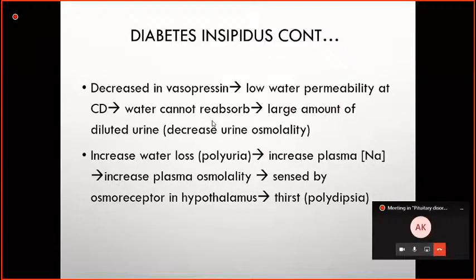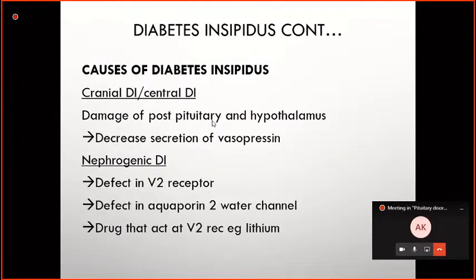But I have extra notes here, cranial versus nephrogenic diabetes insipidus. In nephrogenic, you are talking more about a defect in the receptor, the receptor for your vasopressin in the kidney that helps water to go out, rather than the synthesis of vasopressin itself from the hypothalamus and the pituitary.